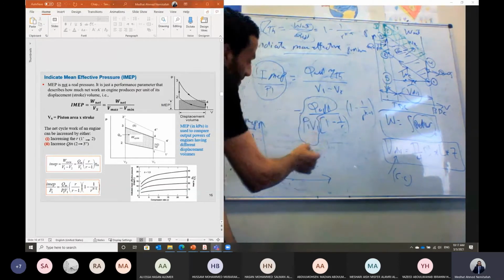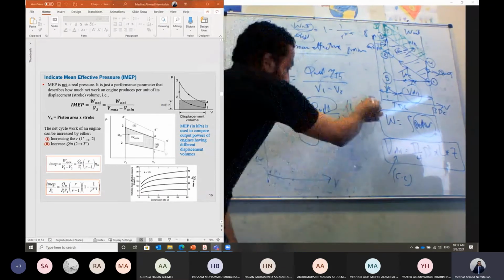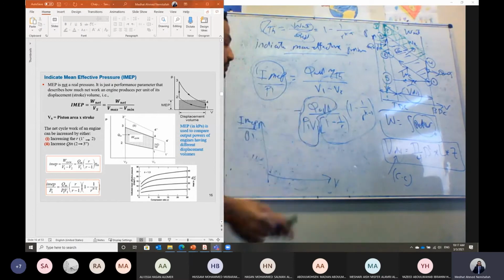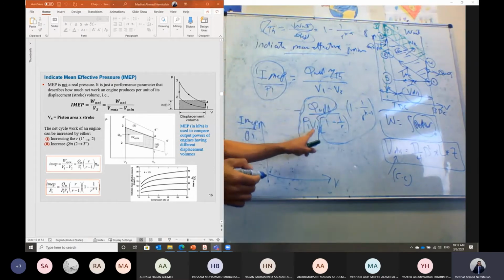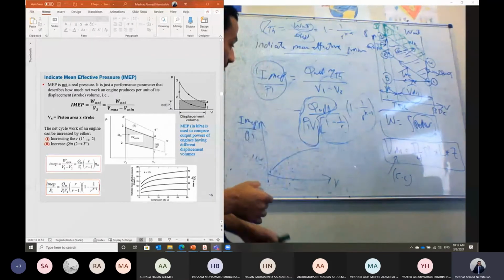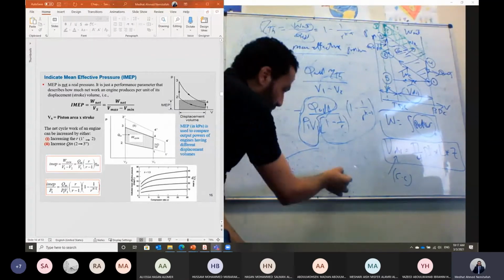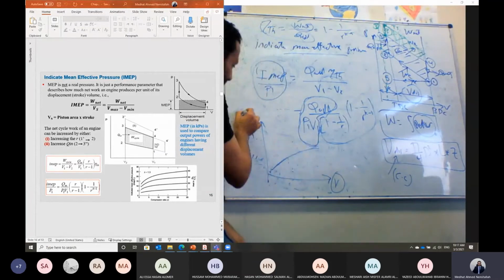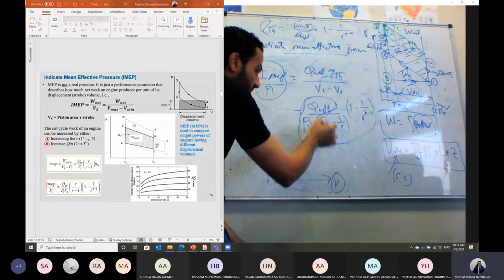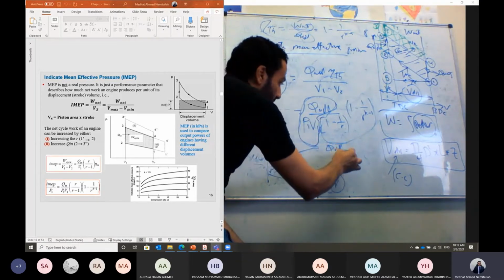If I plot it against the compression ratio, as a function of those parameters here, and as a function of different values of this term, which is Q added divided by V1, you will find that as we increase the compression ratio, we improve the indicated mean effective pressure. It should increase at a given value of this term, Q added divided by V1.